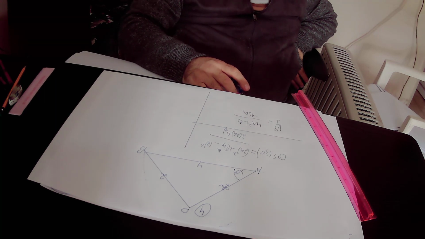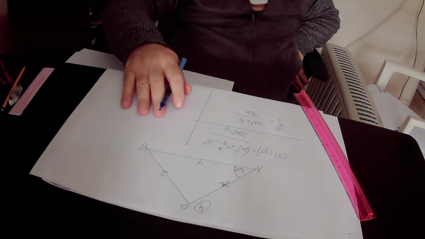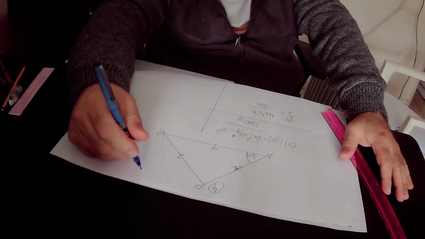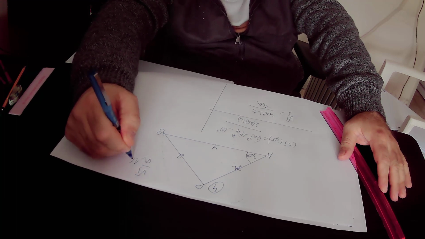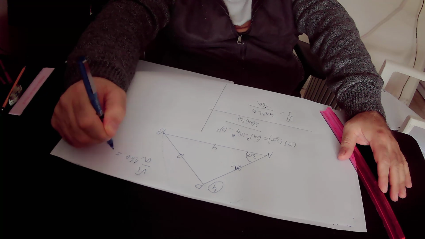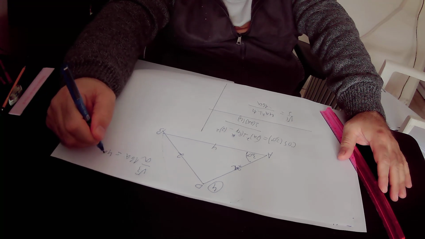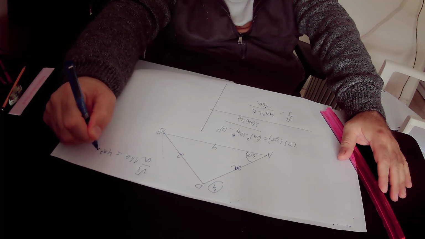Here we will multiply this equation by 16a and we'll get that square root of 3 over 2 times 16a equals 4a squared plus 12.